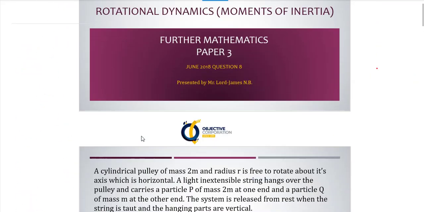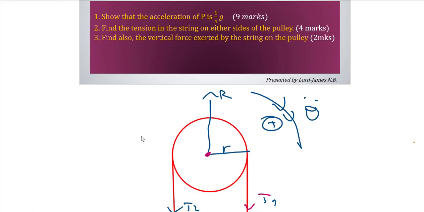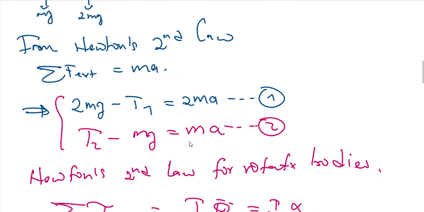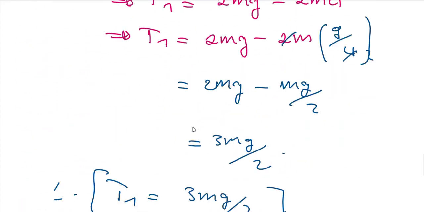Now the last one says find also the vertical force exerted by the string on the pulley. So the vertical force is our reaction force. The reaction force will simply be equal to the sum of our two tensions. On the pulley, we have a system like this.